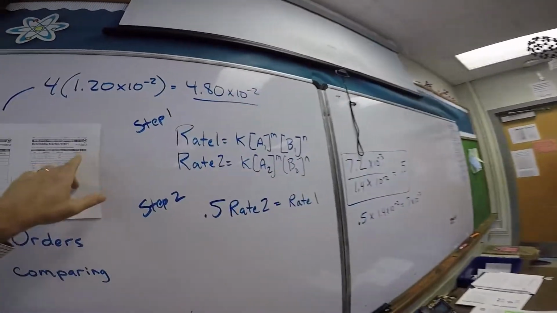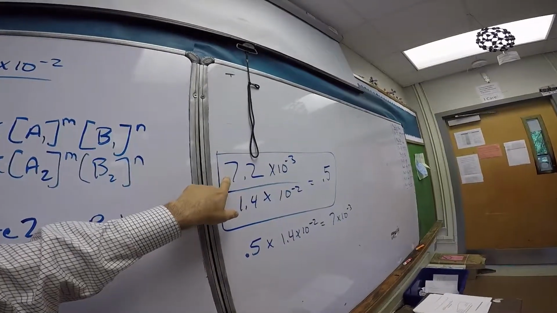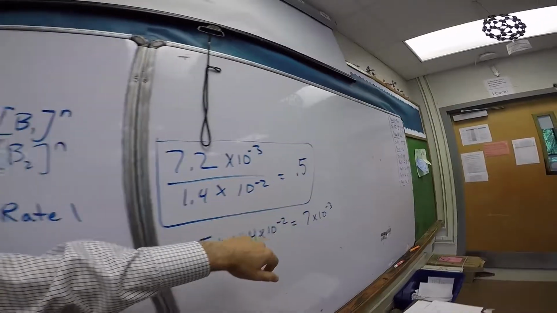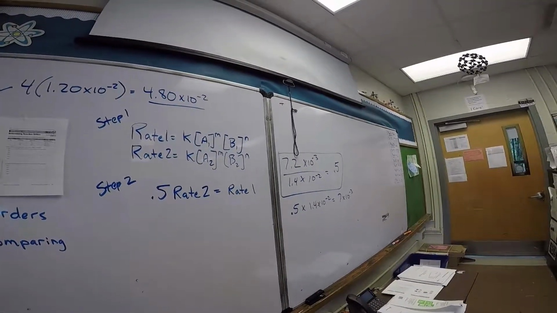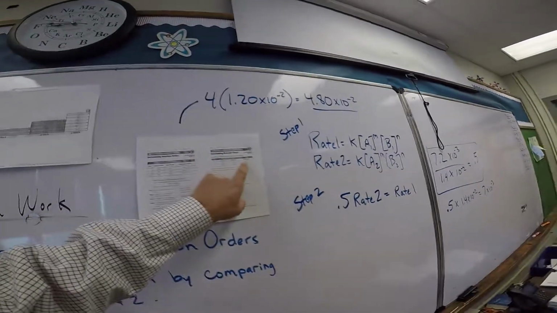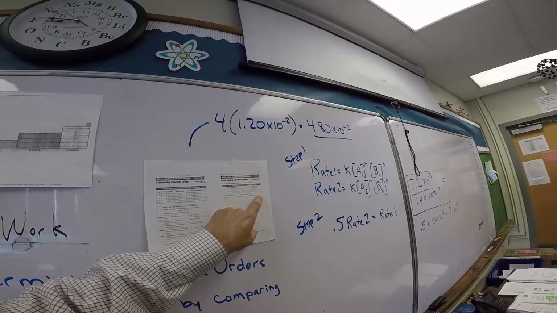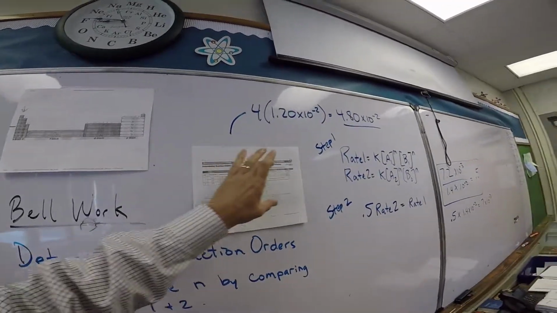If you look at the example here, we have trial 1. If you divide the rate here, this is a smaller number, by the second rate, you get 0.5. But why is it 1.4 instead of 1.2? Because they're giving you the rates. These are the rates in the problem. It's a different problem. I'm comparing the example to the problem we're doing.